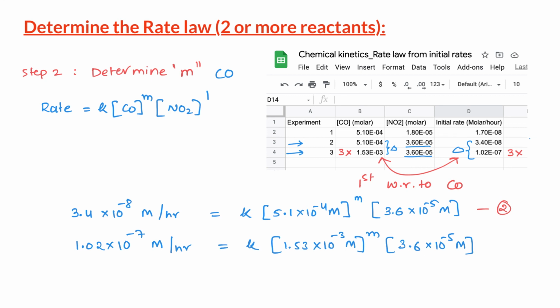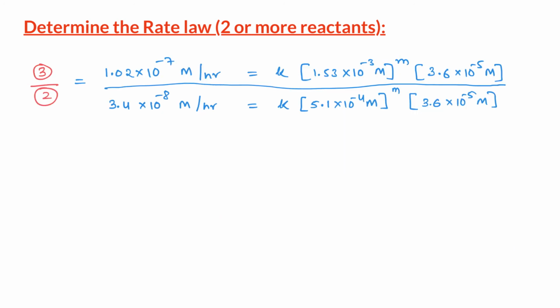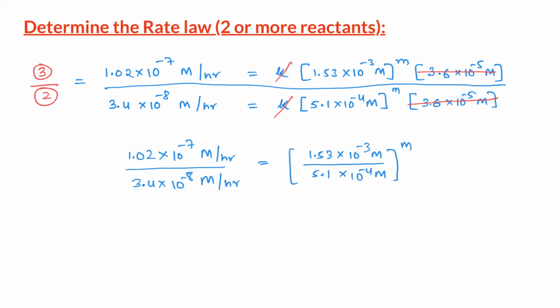Let us call this equation 3 and now divide equation 3 by 2. The K and K get cancelled. The concentration of NO2 also gets cancelled, and there is only one variable left, which is m, the order with respect to carbon monoxide. If we do the math, we get m is equal to 1.